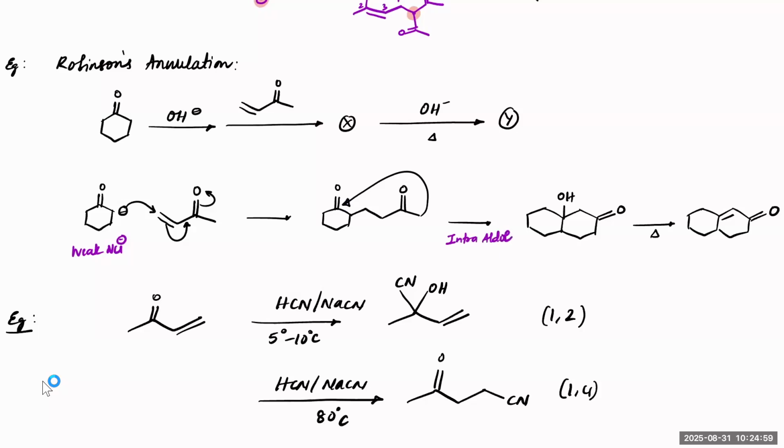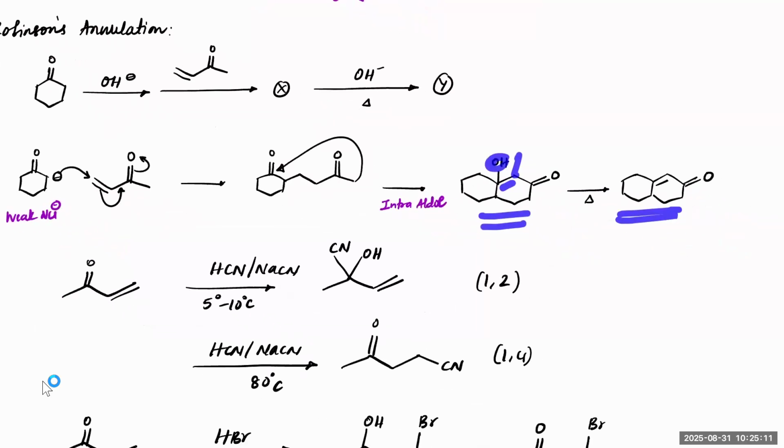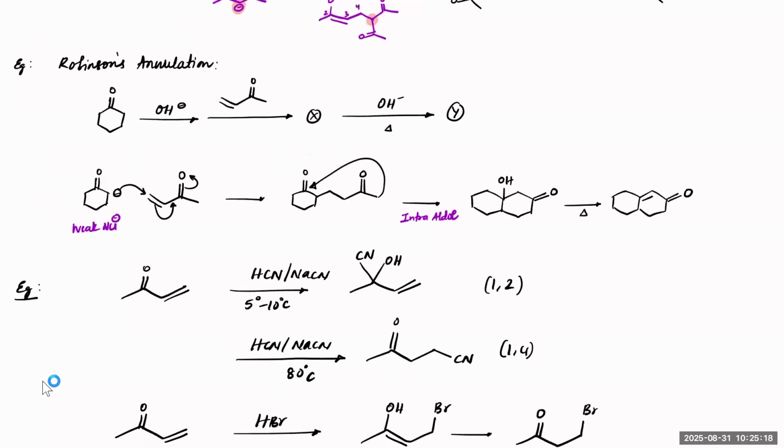So which means from this CH2 minus, directly it can attach here. That will lead to a 6-membered ring. And on heating, this OH and H will go away, and a double bond will form. So we'll get condensed aldol. Clear? So remember, Robinson is Michael's addition followed by aldol condensation.